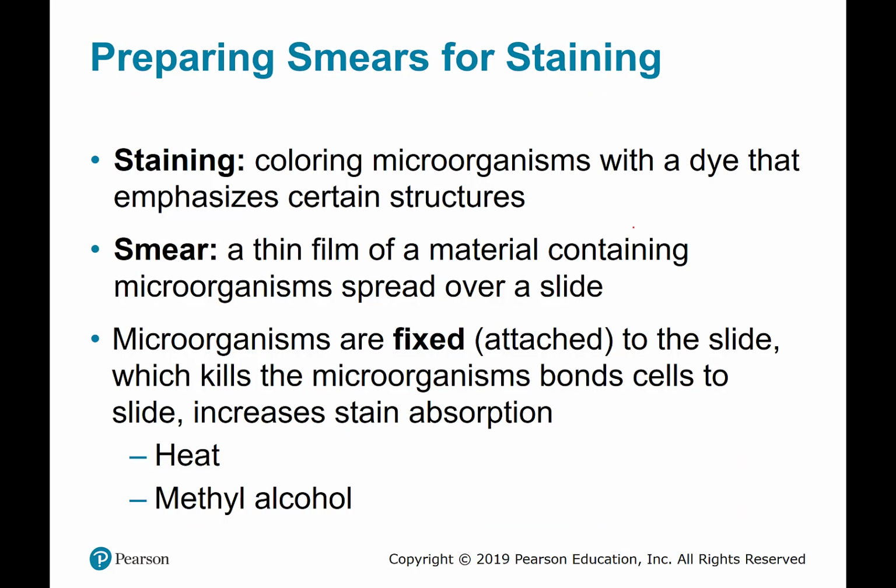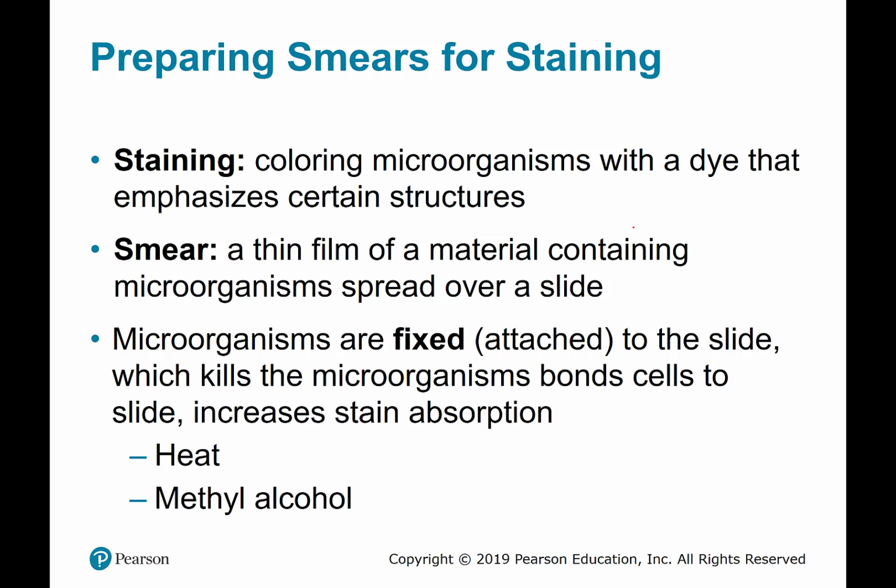And now let's start talking about how you would prepare a smear for staining. The microorganisms, especially bacteria, if you're using a compound light microscope, are going to appear colorless. Okay, so they're not going to be incredibly visible unless you stain them.